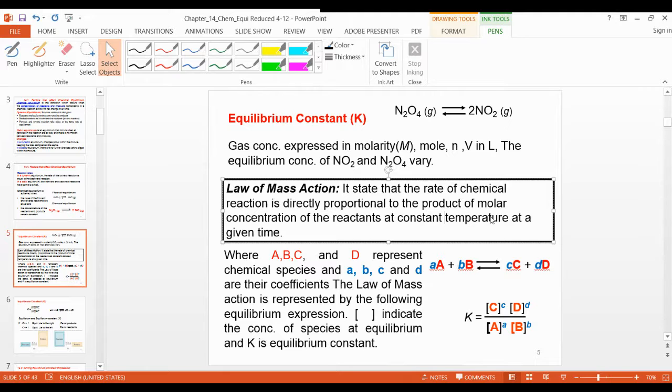So, the law of mass action is what you will see here. In a chemical reaction, the product is on the right side and the reactant on the left-hand side. This is the product and this is the reactant.